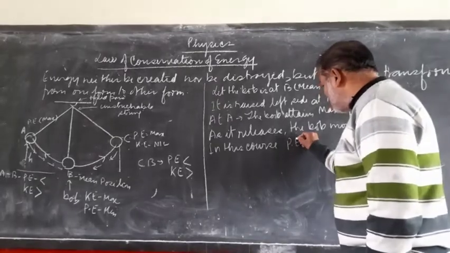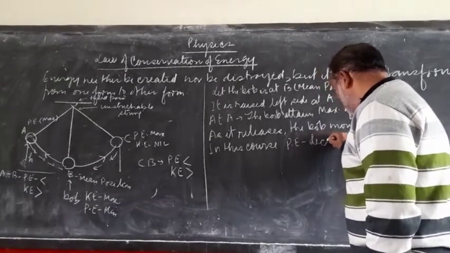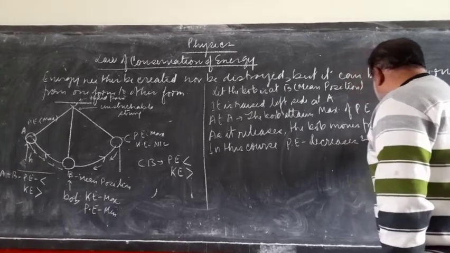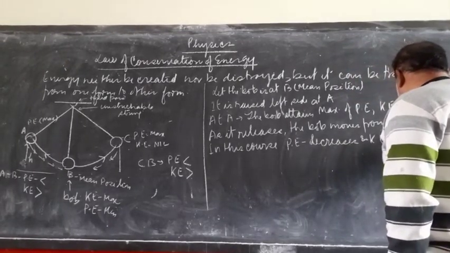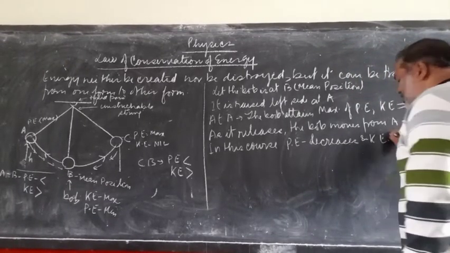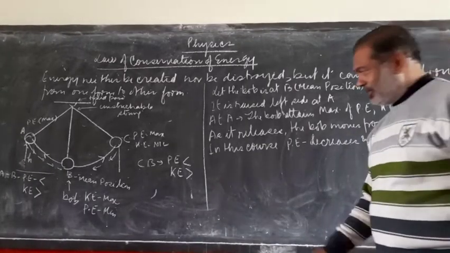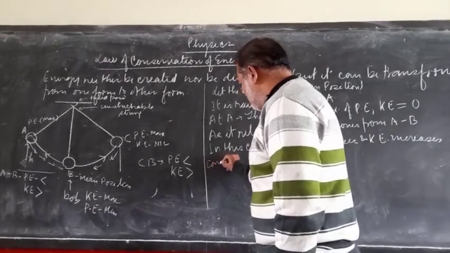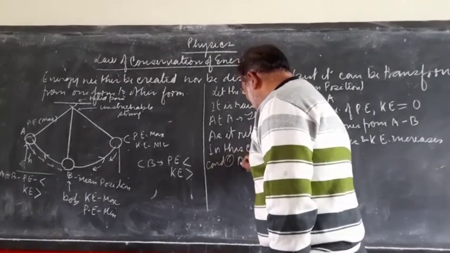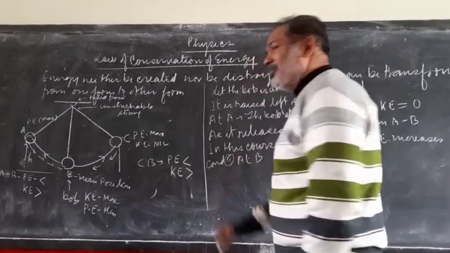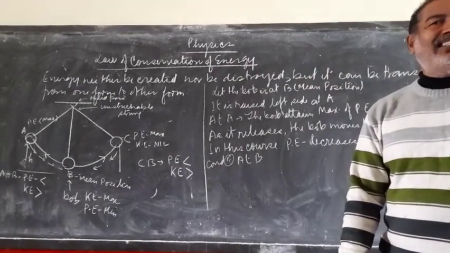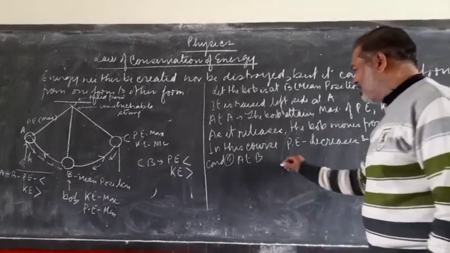Potential energy decreases and kinetic energy increases. Now, condition 2. At B, the bulb attains maximum kinetic energy.